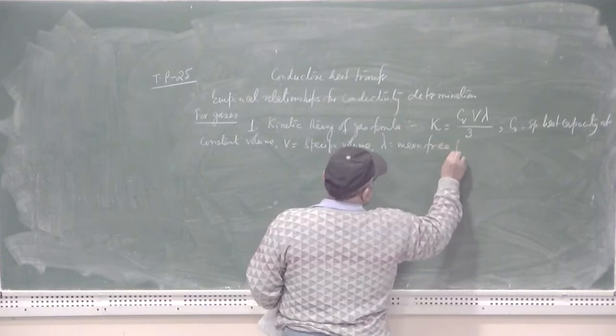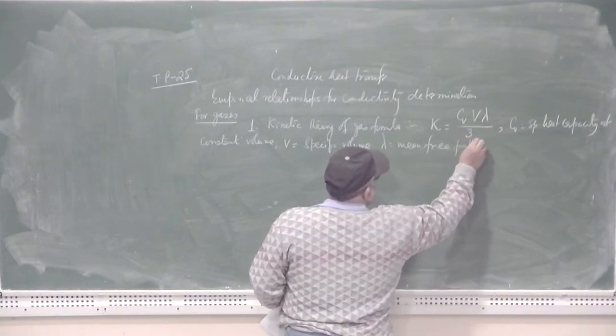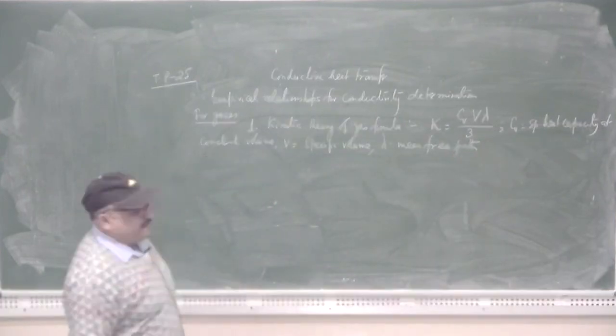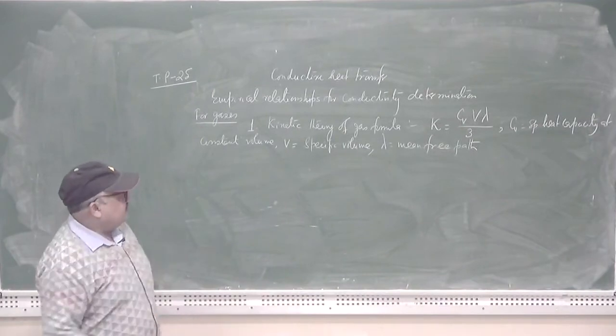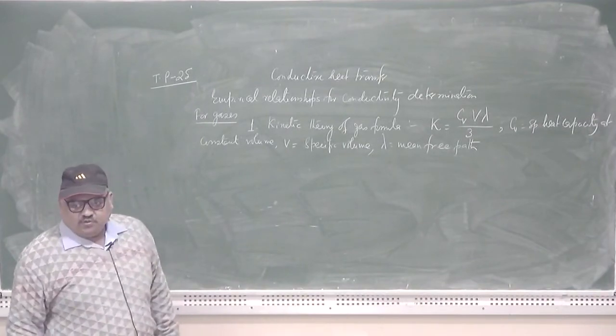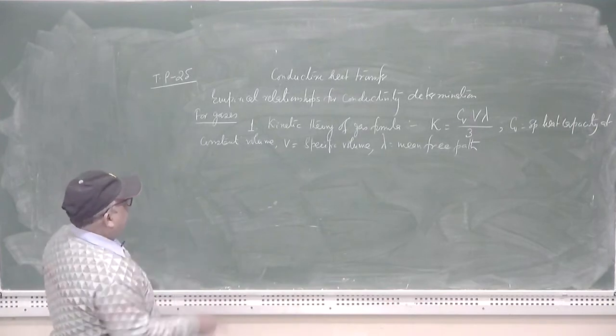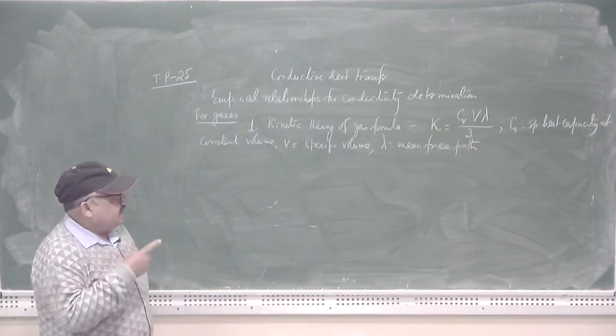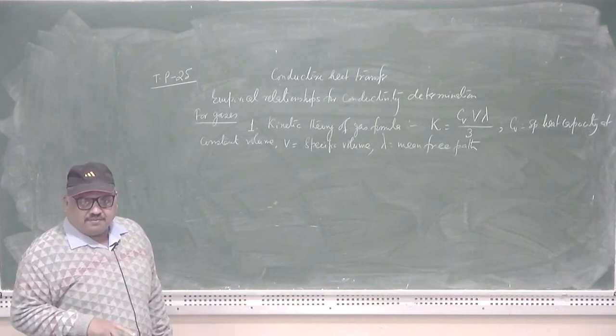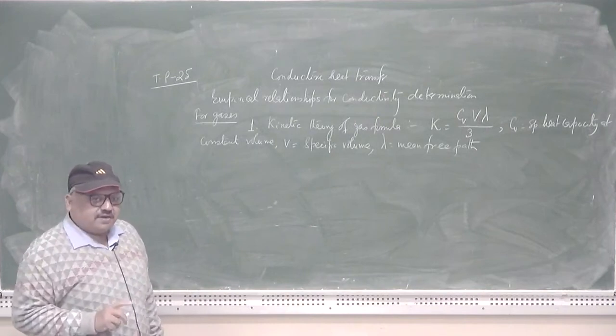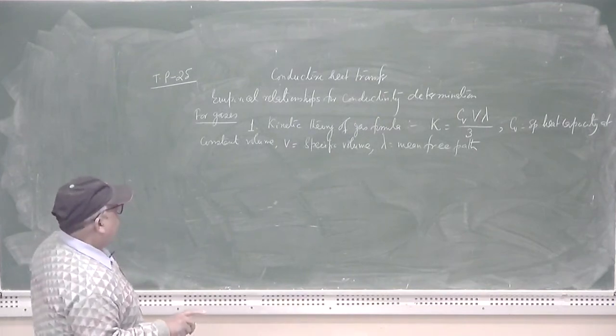By having the ideas regarding these three different parameters, you can use the kinetic theory of gas formula, K is equal to Cv V into lambda by 3, to determine the thermal conductivity of that particular gas.